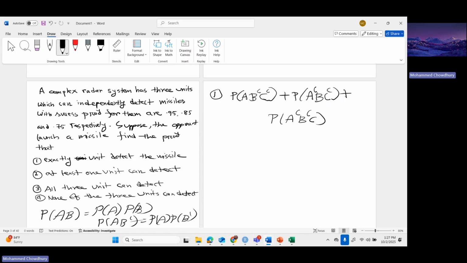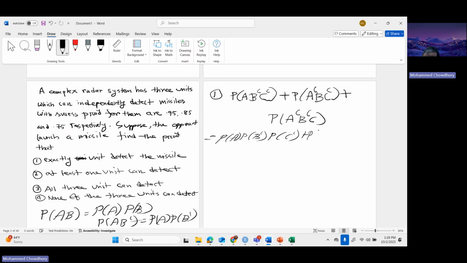In a contingency table or in an event space. Event space means collection of all events. In an event space, if two events are independent, all other combinations of events are also independent. Okay. So now I can write it this way: probability of A times probability of B complement times probability of C complement.